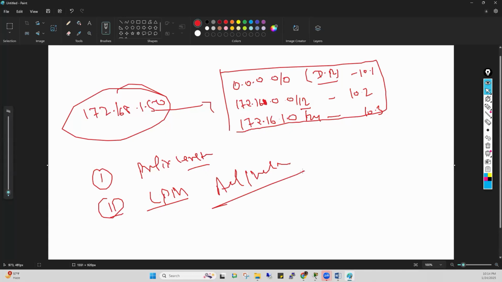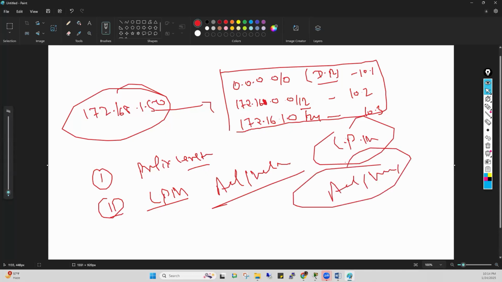That's the reason I told you, whenever any packet reaches the router, check the longest prefix match before checking any AD value or metric. There is no link with any protocol. And the third point to keep in mind is about the default route. Default route means what? The default route is the least specific route.